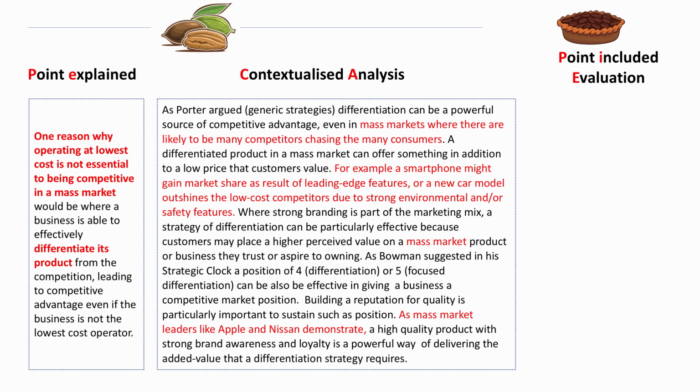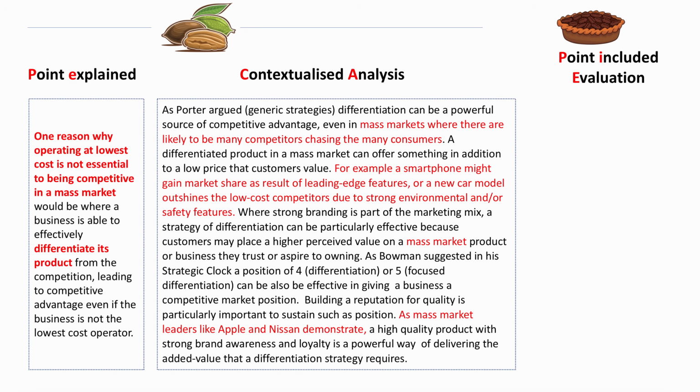As mass market leaders like Apple and Nissan demonstrate, so I'll just use a couple more examples for my context there, a high quality product with strong brand awareness and loyalty is a powerful way of delivering the added value that a differentiation strategy requires. Taken as a whole, that's a really compelling line of analysis in context that supports why differentiation can be a source of competitive advantage in a mass market.